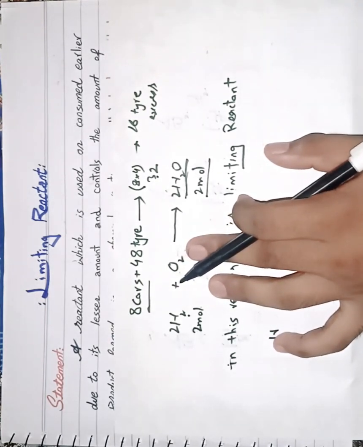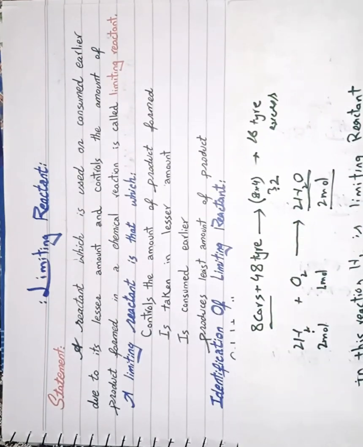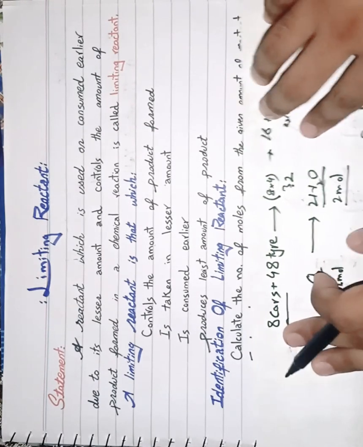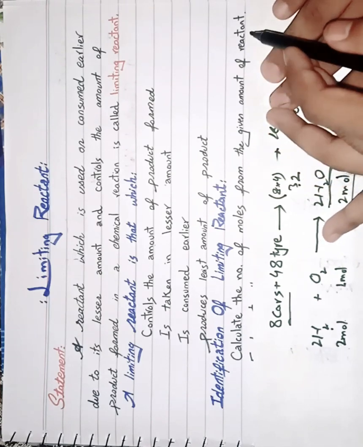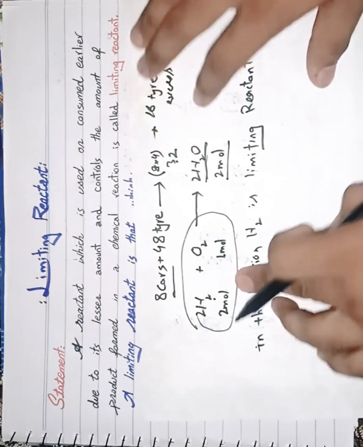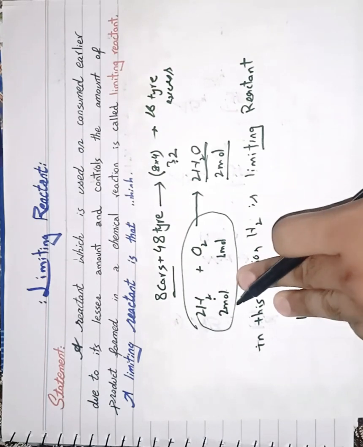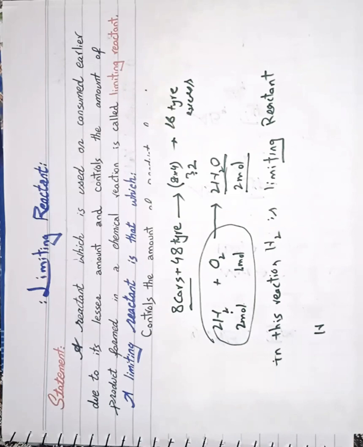Now we discuss its identification. How can we determine which reactant is limiting and which is not? First step, calculate the number of moles from the given amount of reactant. Means these reactants which we have, 2 mole and 1 mole.